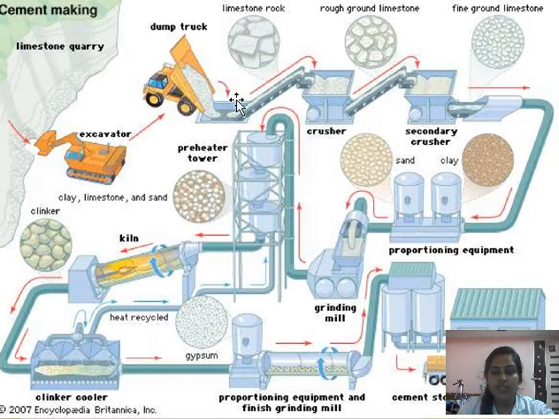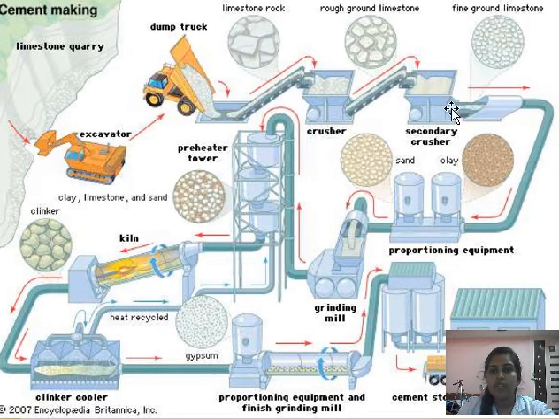First it is primarily crushed and the rough ground limestone is prepared. After that it goes to the secondary crusher and the fine ground limestone is prepared. After the limestone is crushed, it is fed to the storage tank containing the clay and the sand. This is fed to the wet grinding mill.